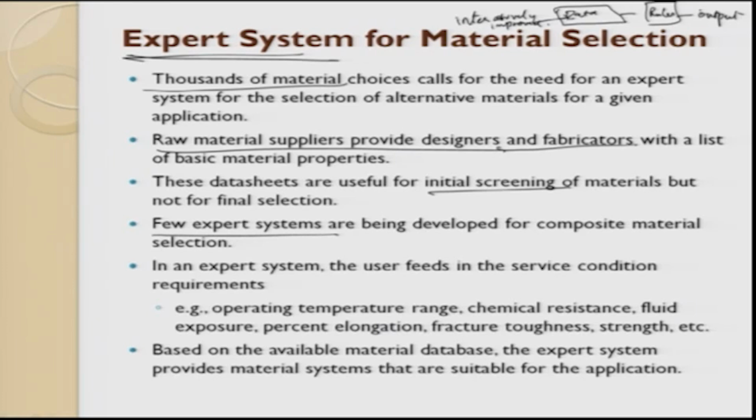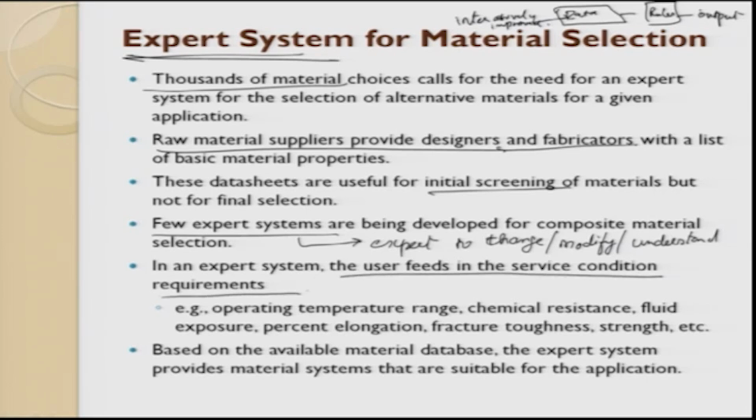Again, in this expert system you need an expert to tweak, change, or modify and understand the terms, so we can understand the solution. If an expert system is very good, the user feeds in the required service condition and gets the best output. Based on the available material data, expert systems are also used for selection of materials.